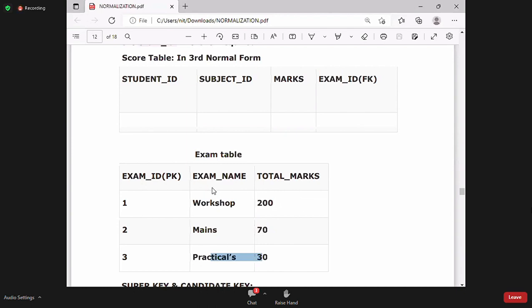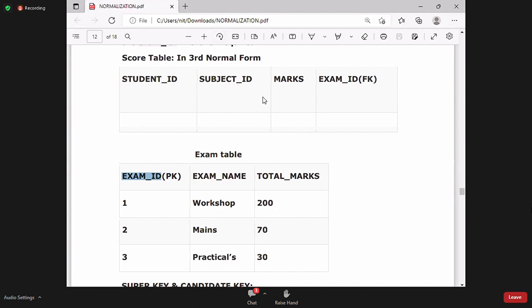So what happened here? Here examination ID is the primary key. So these are non-primary keys. But these two columns depend on what? Examination ID. When these two columns depend on examination ID, it's called what? Fully dependent columns.